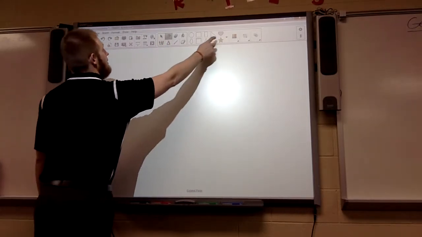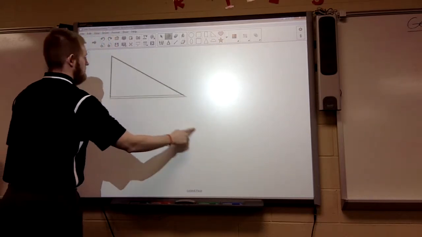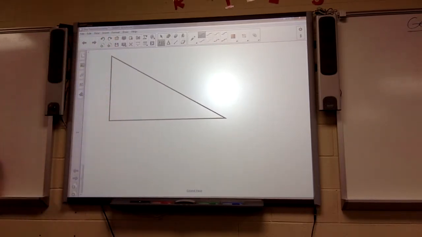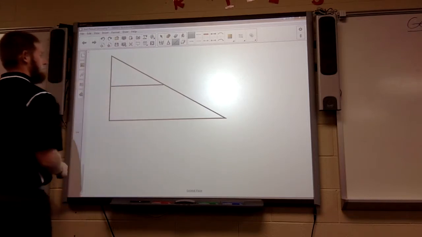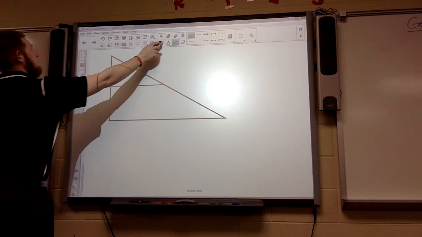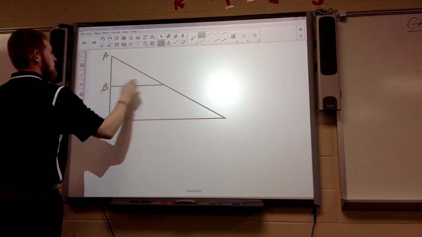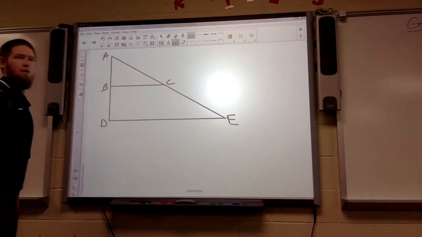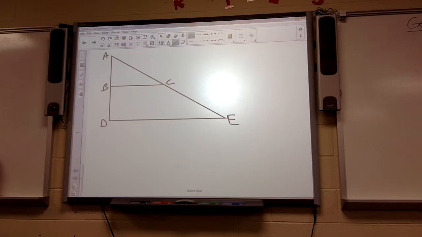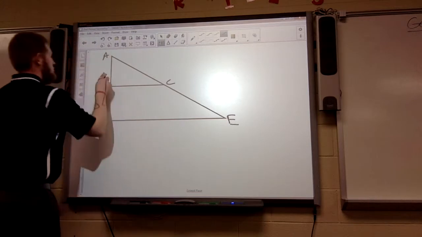Okay, let's do one with a right triangle. So I have triangle ABCD. This is 2.